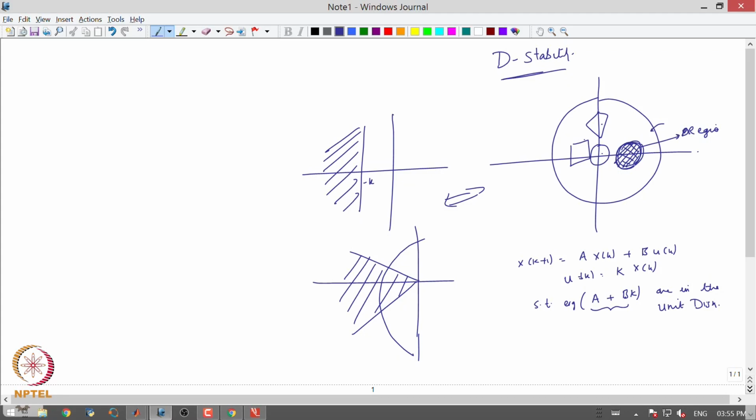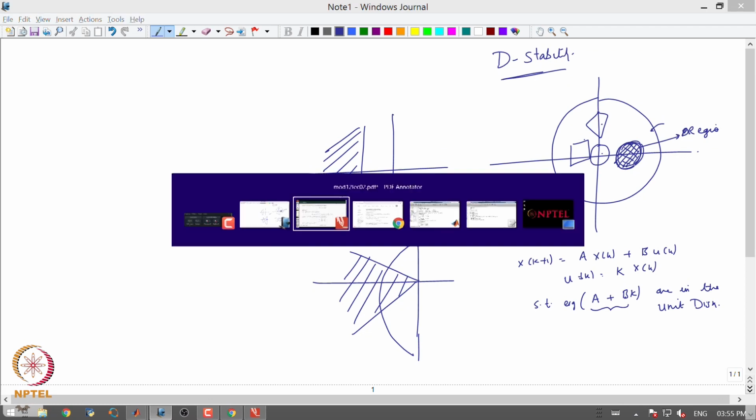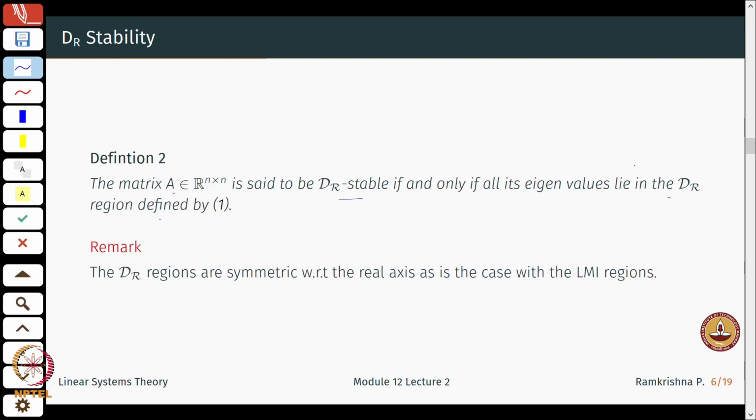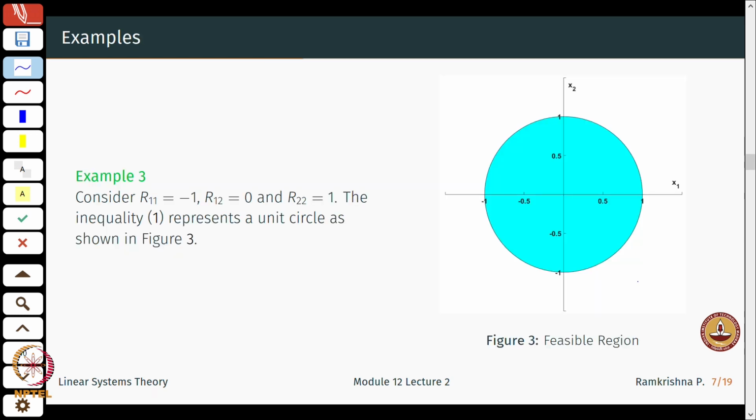So I am restricting my closed loop poles to certain subregions of the stable region in the unit disk, and the stable region is the unit circle. Some properties: the D_R regions are symmetric with respect to the real axis, as is the case in any general LMI regions.